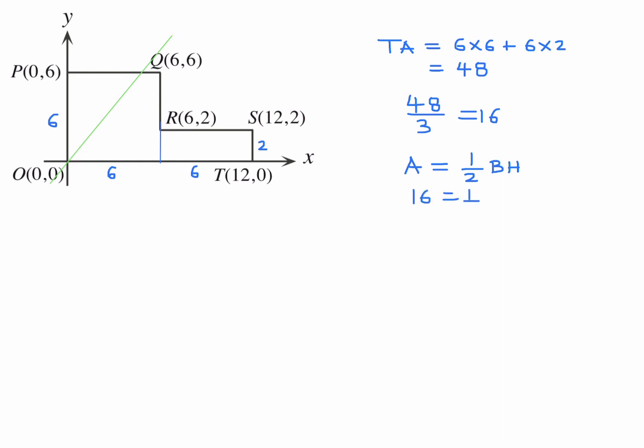And in our case, the base is from here to here, so I'll just call that my x coordinate. And my y coordinate, which is just top to bottom, well, that's just equal to 6. And if you solve this, you get 32 over 6 is equal to x, and that is equivalent to approximately 5.33.